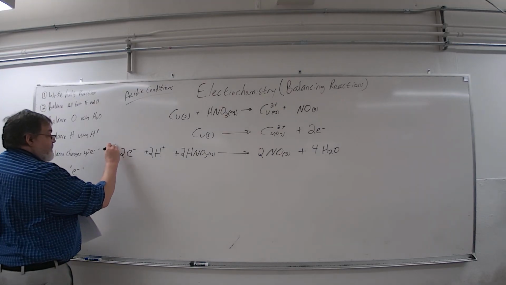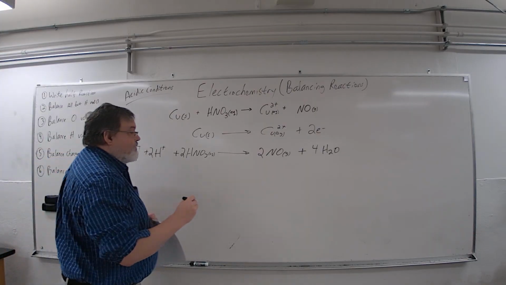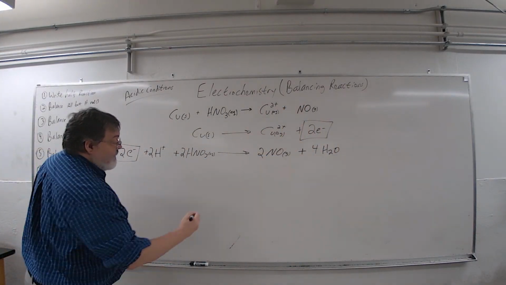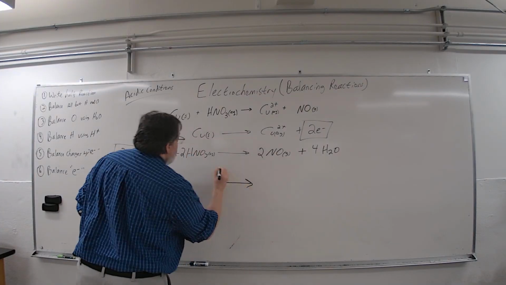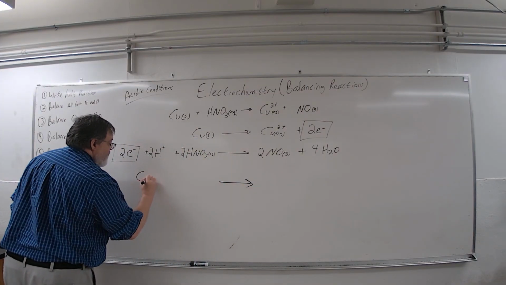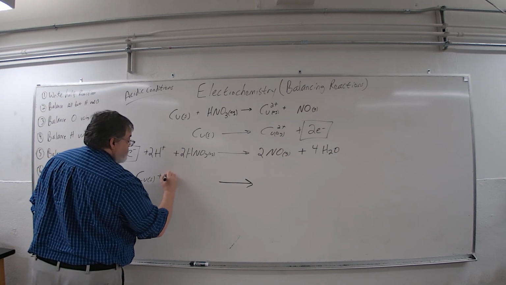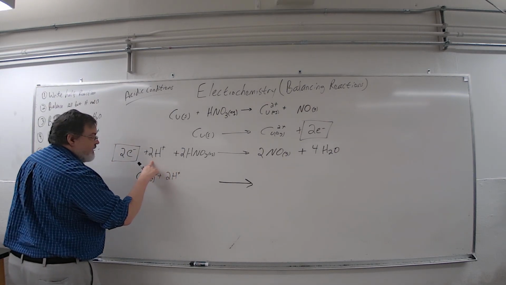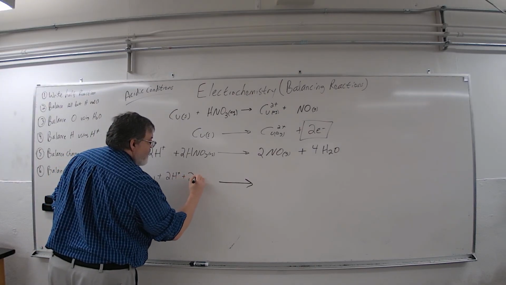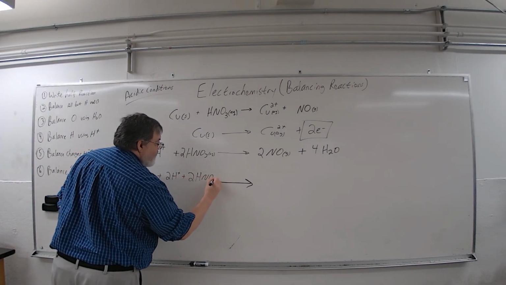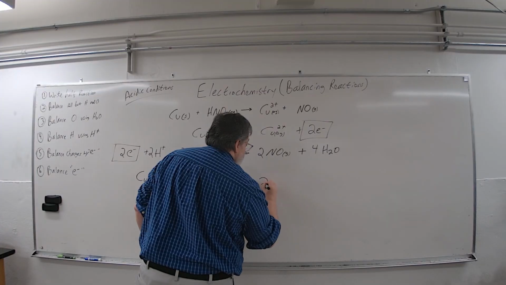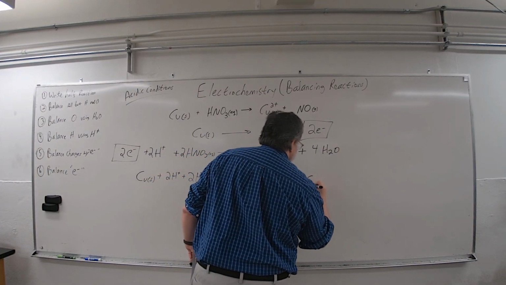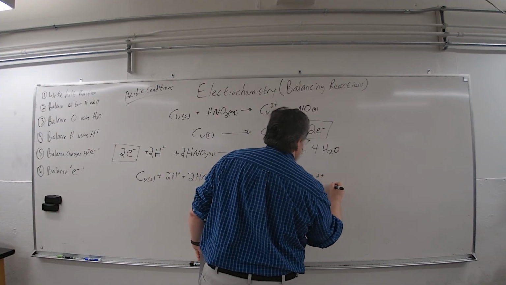So what you do is you cross out your electrons once you've got them balanced, and then just bring everything down. So I've got an arrow here, and on this side I have copper, 2 H pluses, 3, 2 NO, and Cu2+.